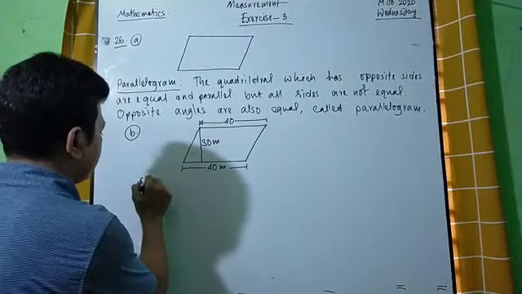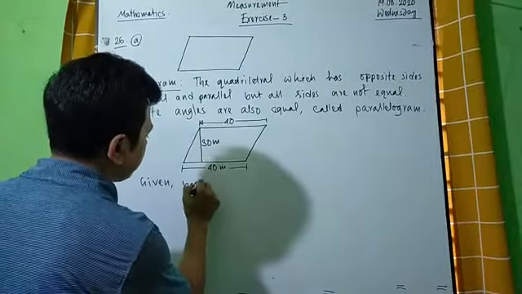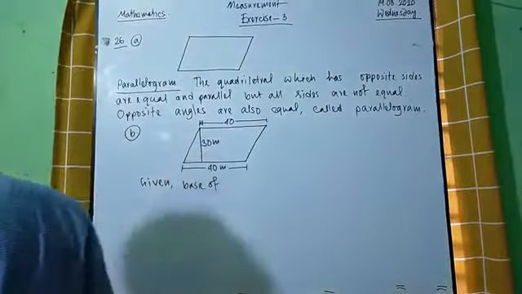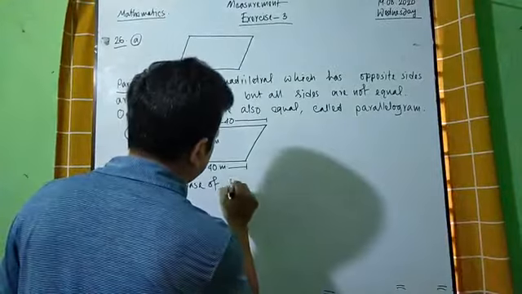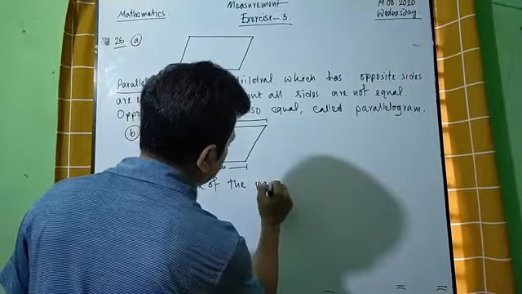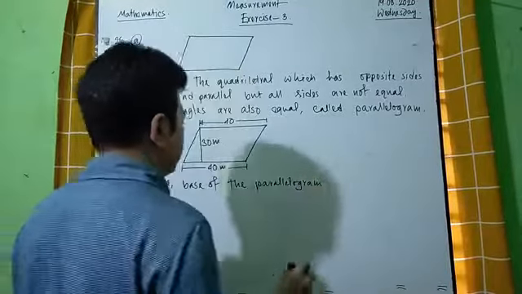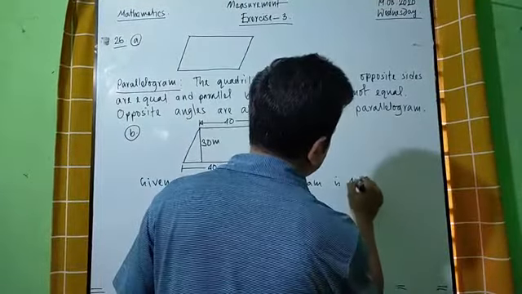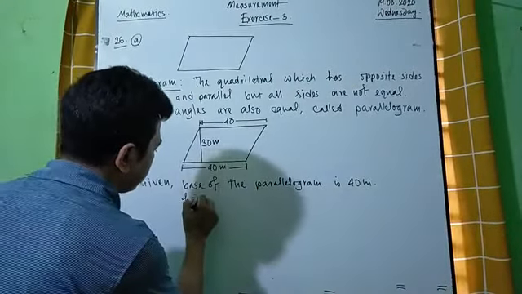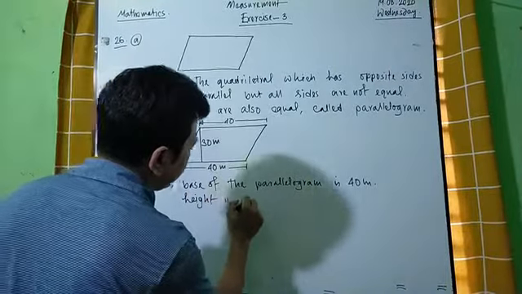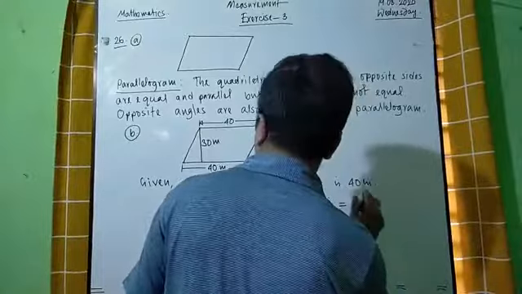So given: base of the parallelogram is 40 meter, and height of the parallelogram is 30 meter.